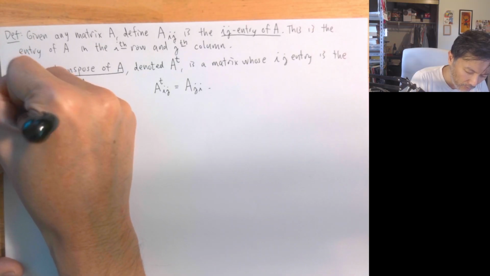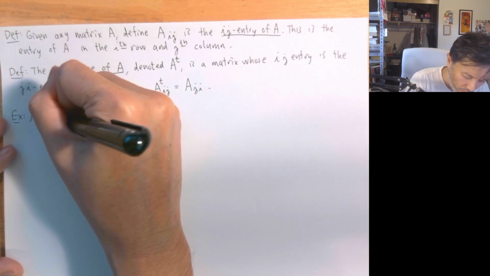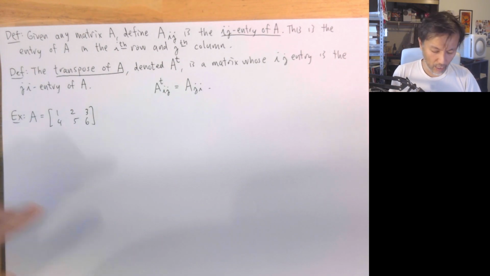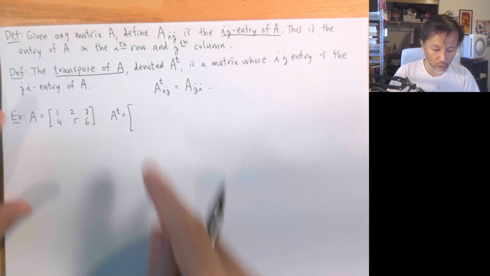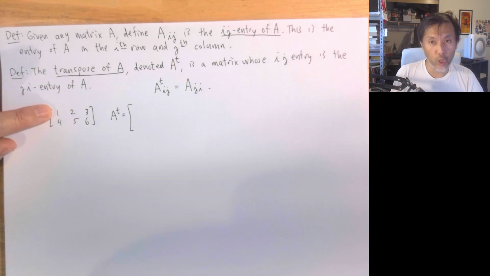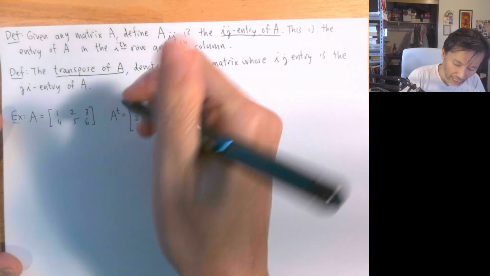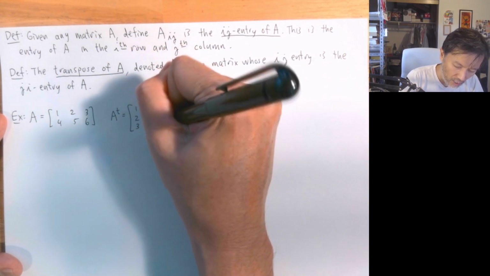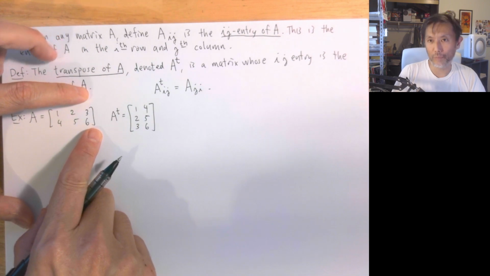So just as a quick example, if A is the matrix 1, 2, 3, 4, 5, 6 with 2 rows and 3 columns, then A transpose swaps the rows and the columns so that the new first column of A transpose is the first row of A, but written vertically. And the new second column of A transpose is the second row of A. And notice that this also makes the rows of A transpose the columns of A in some sense.